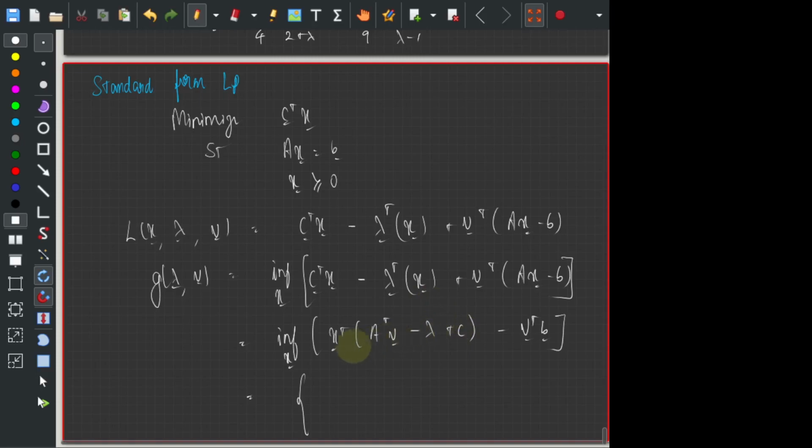So we're really interested in finding out what the minimum of this function is.